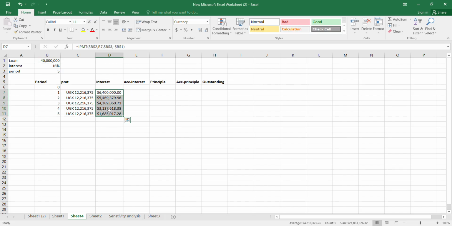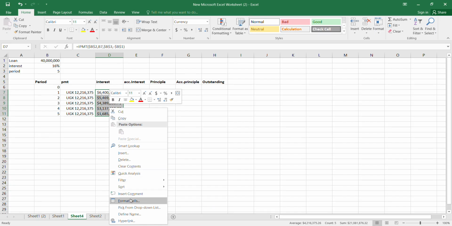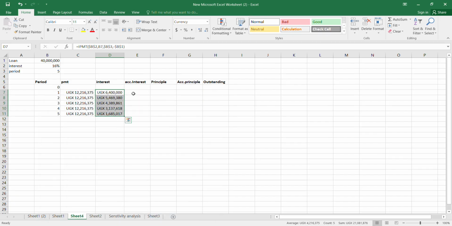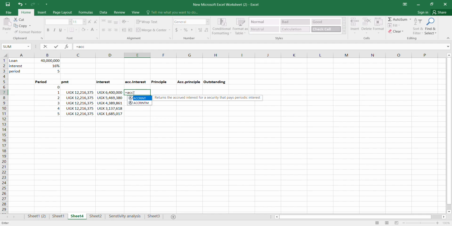Highlight this. We format cells to UGX. Then we shall have the accumulated interest, which is equal to sum of that to that.